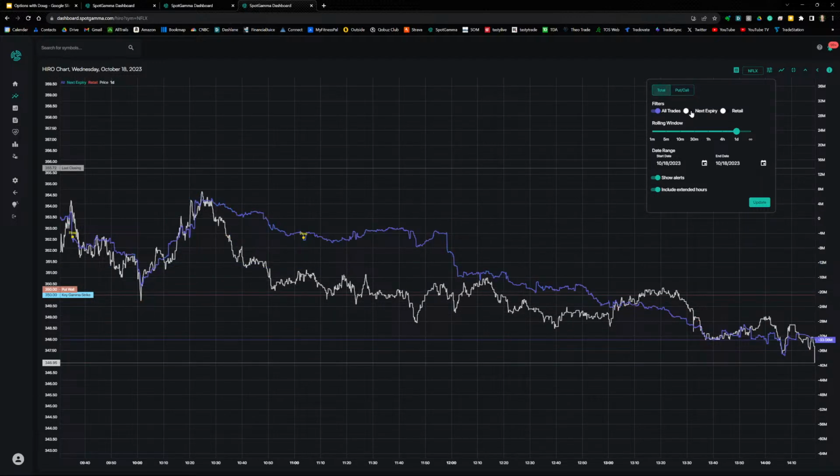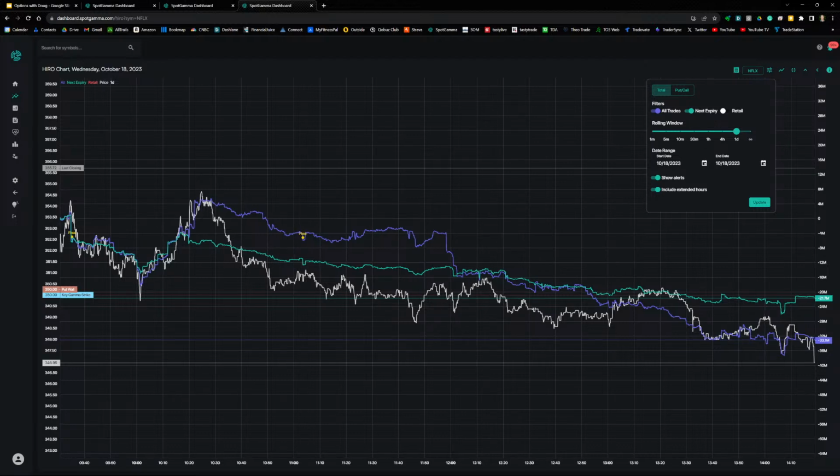Let's see what the traders that are trading options that expire on Friday are doing. It looks like that is making up around 2/3 of the total notional value today. That is shown by the green line here, and the purple line again is all expirations.